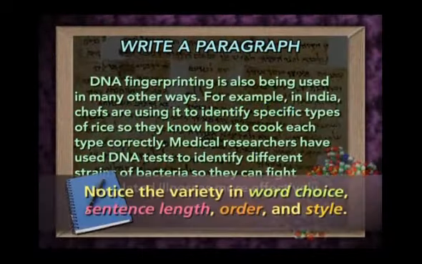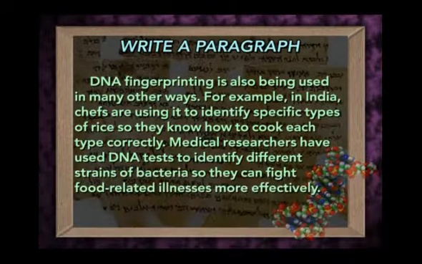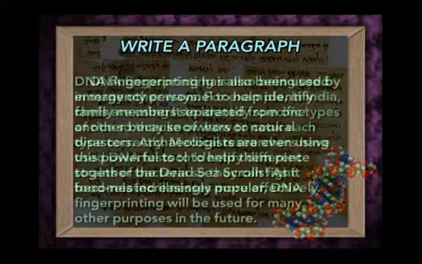Here's my answer. Notice the variety that I used in word choice, sentence length, order, and style. DNA fingerprinting is also being used in many other ways. For example, in India, chefs are using it to identify specific types of rice so they know how to cook each type correctly. Medical researchers have used DNA tests to identify different strains of bacteria so they can fight food-related illnesses more effectively.